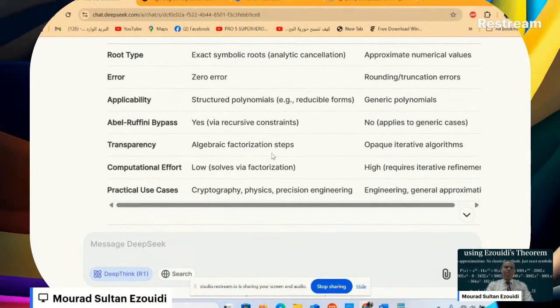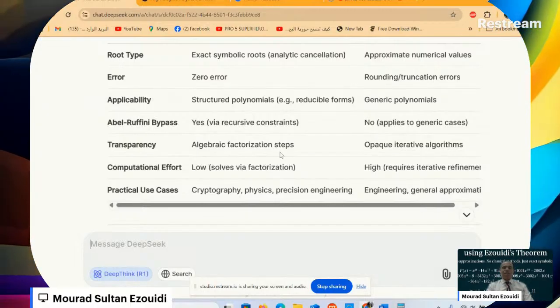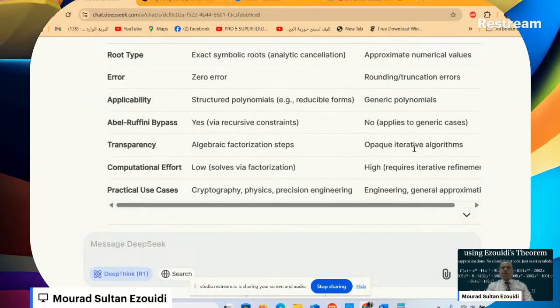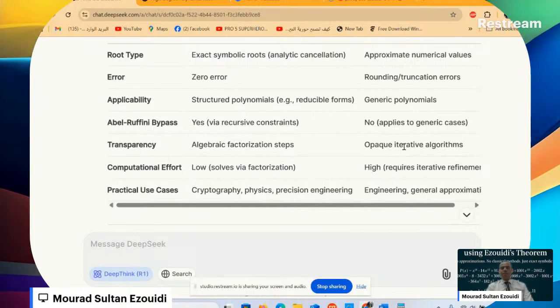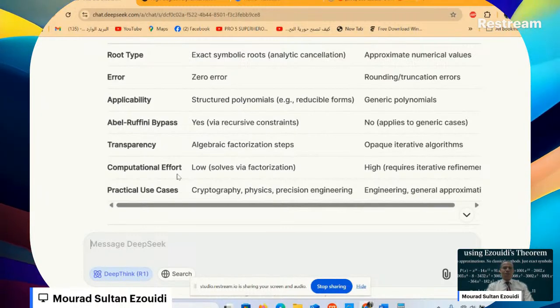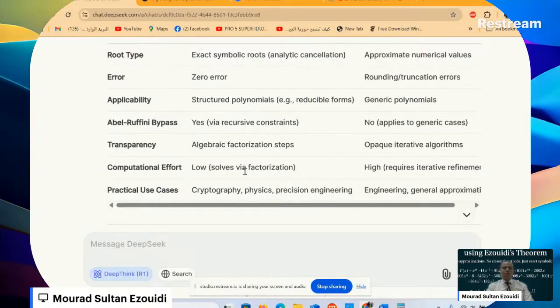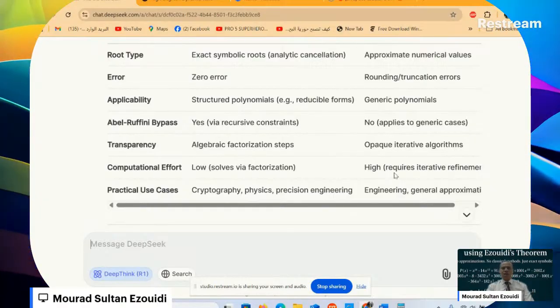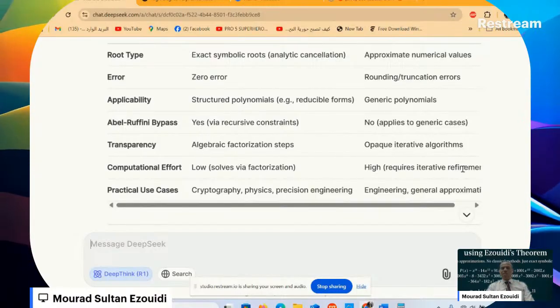We continue. Transparency: algebraic factorization steps versus opaque iterative algorithms. Computational effort: low, solves via factorization, versus high, requires iterative refinement.